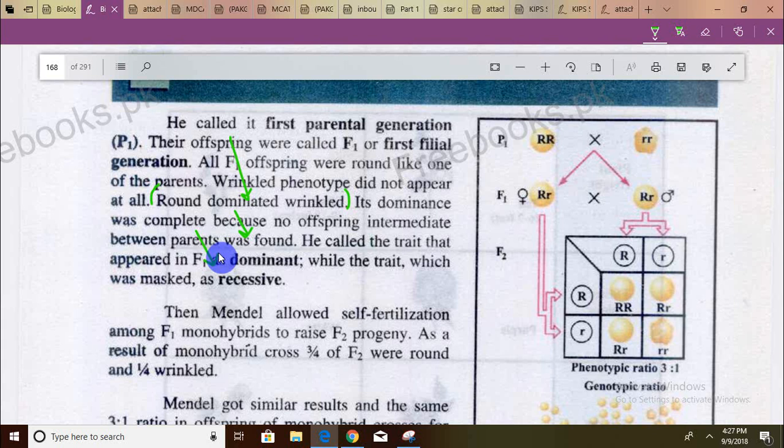And as a result of the monohybrid cross, 3/4 of the F2 were round and 1/4 were wrinkled.